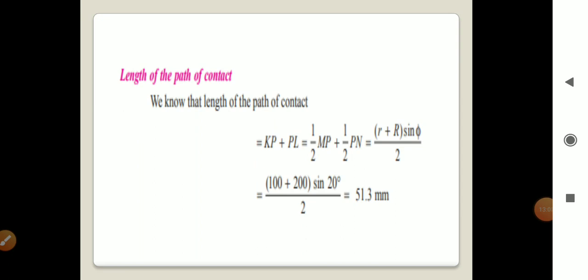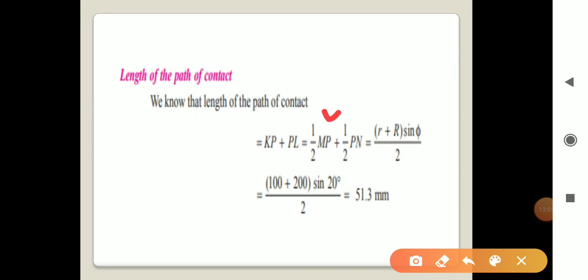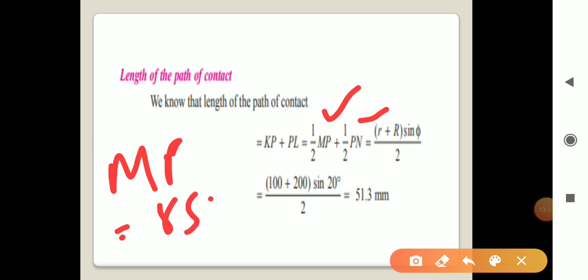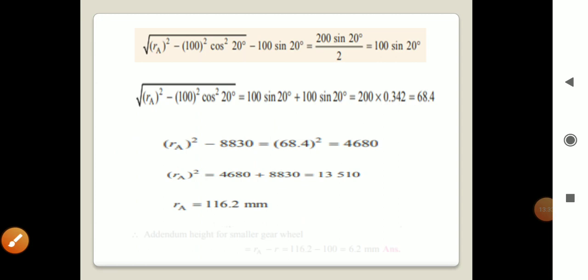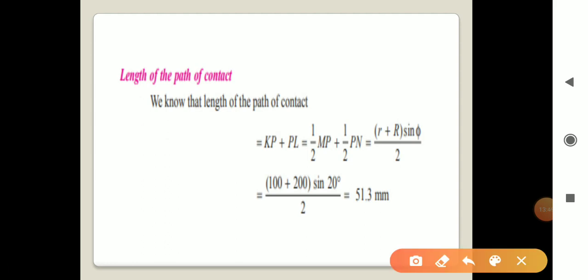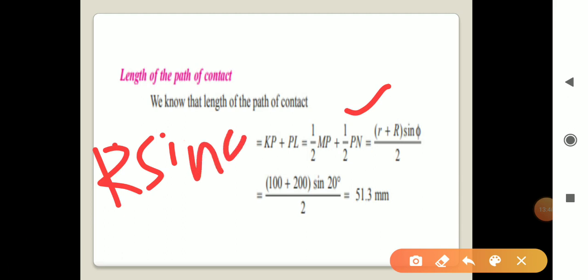Okay, so we know that KP is equal to half MP, and PL is equal to half Mn. Here MP is equal to what we saw, small r into sin of phi divided by 2. Again, Pn is equal to capital R into sin of phi divided by 2.